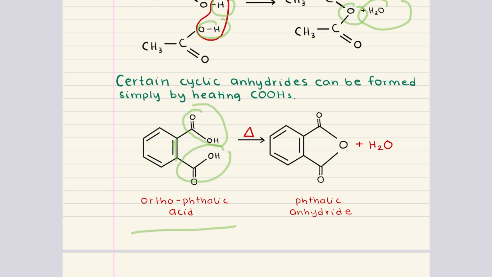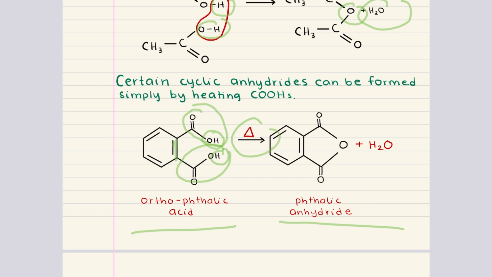When heated, this molecule undergoes intramolecular condensation, where one carboxyl group donates a hydroxyl and the other donates a hydrogen. Water is eliminated, and the result is a five-membered ring anhydride structure called phthalic anhydride. This type of transformation is particularly common with dicarboxylic acids, where the geometry favors ring closure, and it often proceeds with heat alone.